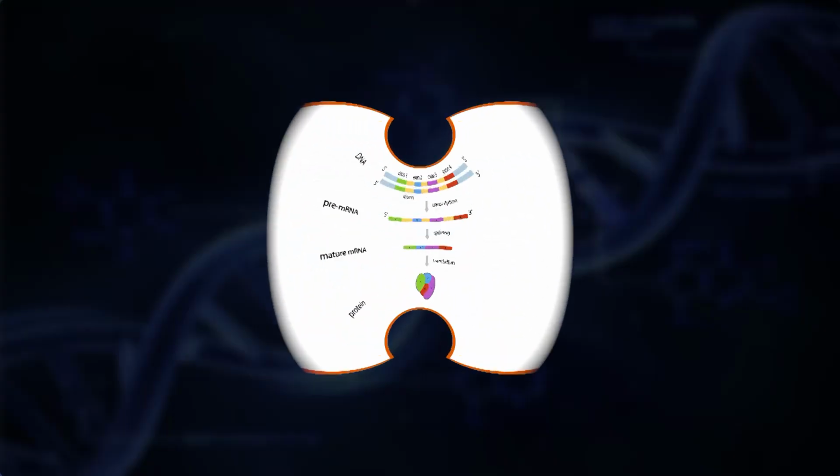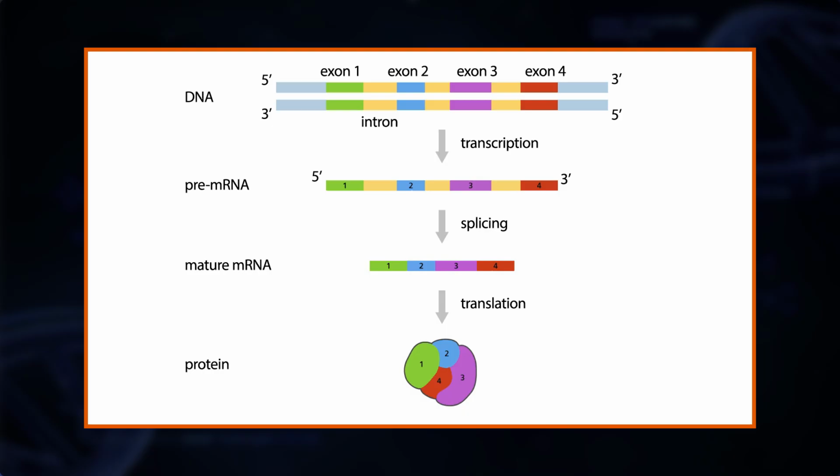These sequences are untranslatable because they remain absent in the mature transcript. For better understanding, splicing is a process of joining the exons of a pre-mRNA sequence. As a result, the introns are eliminated.